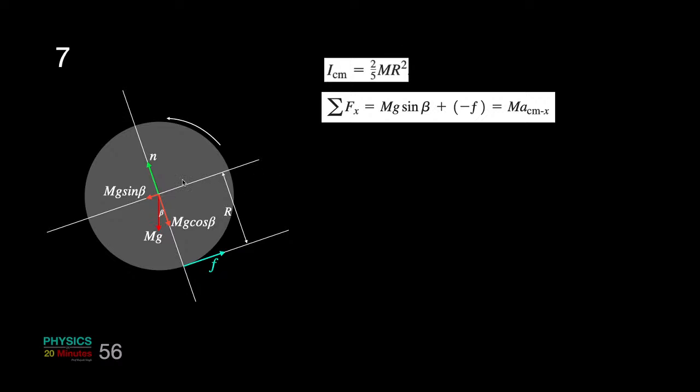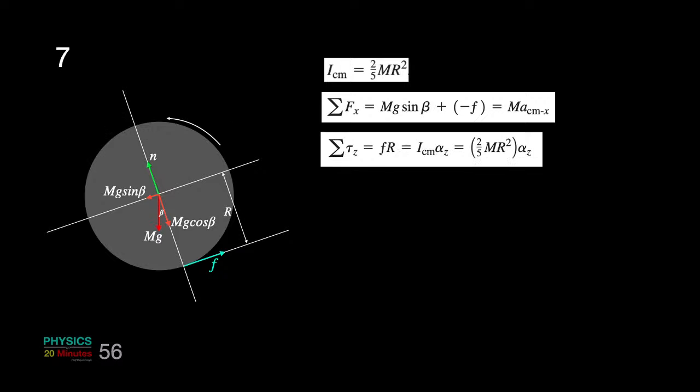Along the x-axis there are two forces acting: mg sin beta in the forward direction, friction in the backward direction, and acceleration will be in the forward direction. So I can write mg sin beta positive, friction opposing it negative, is equal to ma. Here the downward direction along the ramp is taken as positive. So this is my sigma F equation.